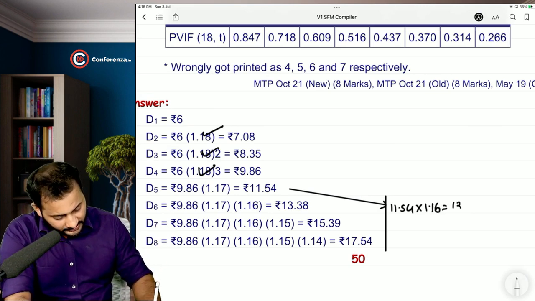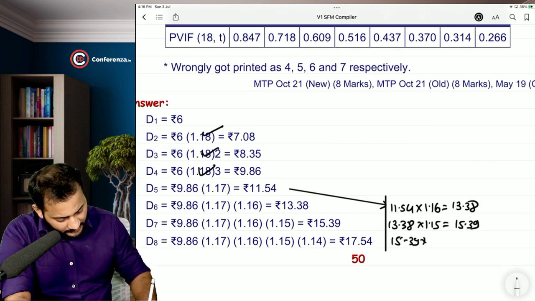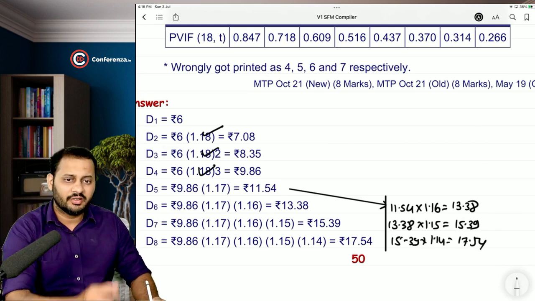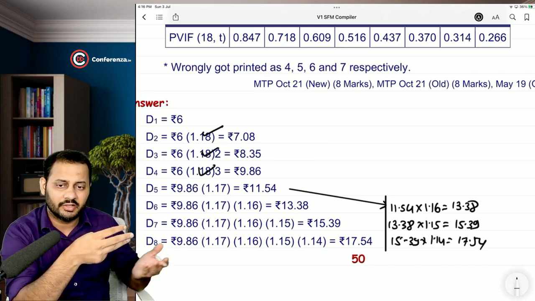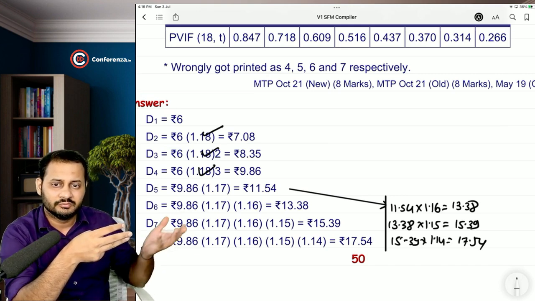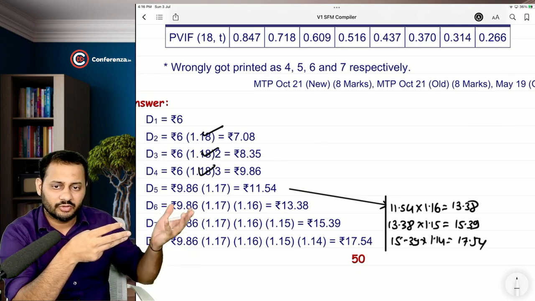You will get 13.38. Take 13.38 here and multiply it by 1.15. You will get 15.39. Take 15.39 and multiply it with 1.14. You will get 17.54. When you can restrict your calculation for only 3 different factors, why to do all these things? Are you getting it? Why to use the common figure every time?